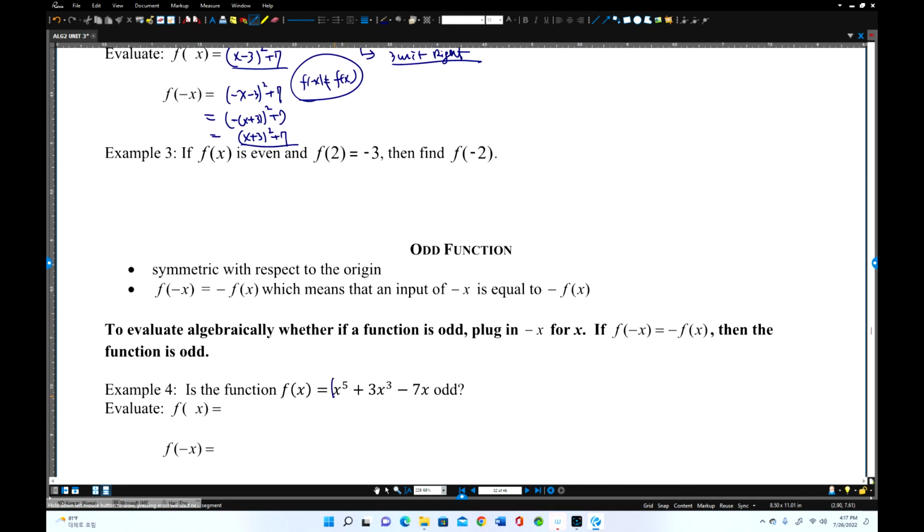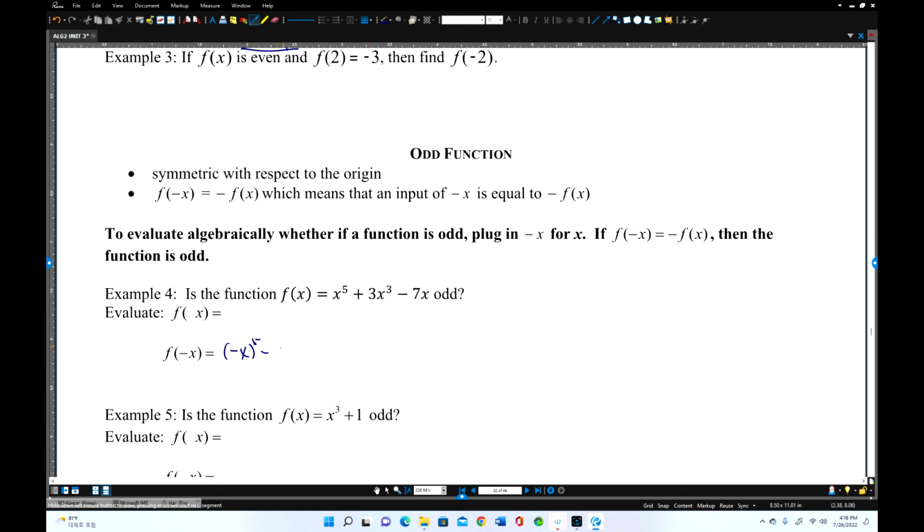That's it. Odd is also the same thing. Yes, this is odd. An odd function. X is odd. Totally odd. This is f of x. You already got there. F of negative x. Put in negative x there. Algebraically prove this: negative x to the 5 plus 3 times negative x cubed, minus 7 times negative x.